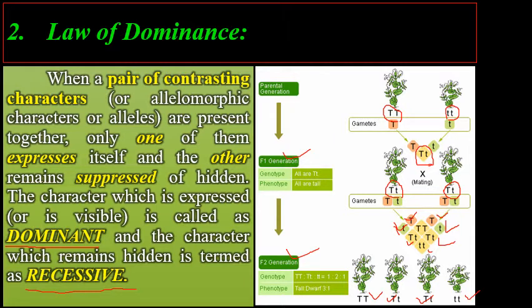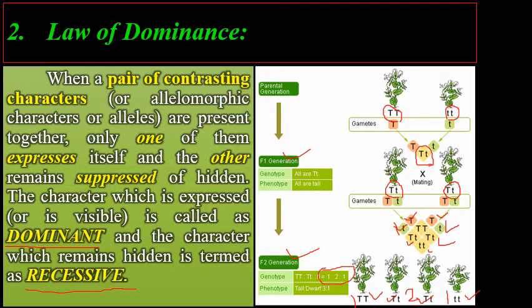Now the genotypic ratio, genotypic meaning related to the contrasting characters, will be capital T capital T 1, these capital T small t hybrid tall plants 2, and small t small t, the dwarf plant, 1. So the genotypic ratio is 1:2:1.